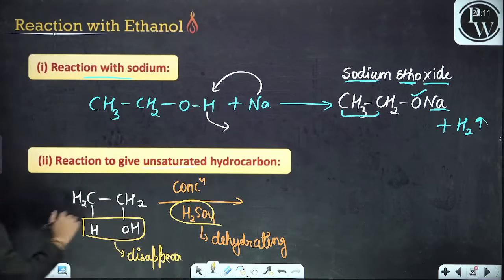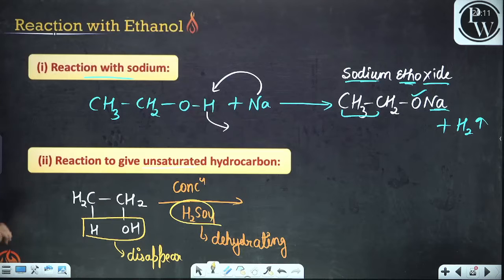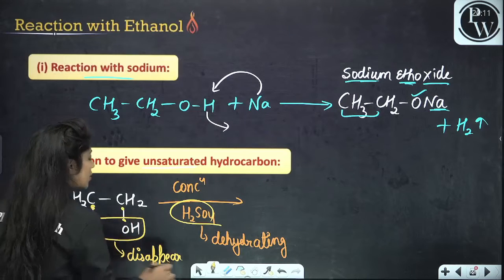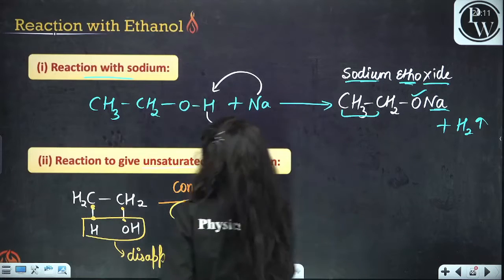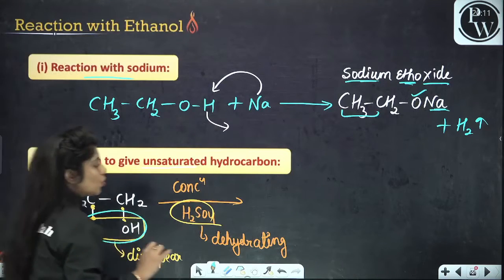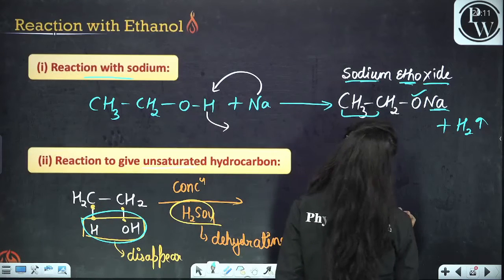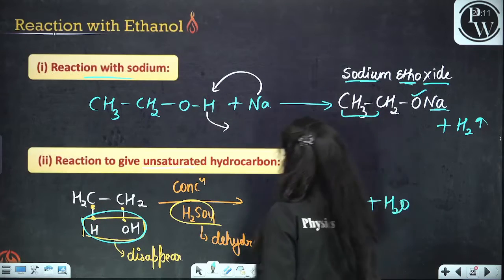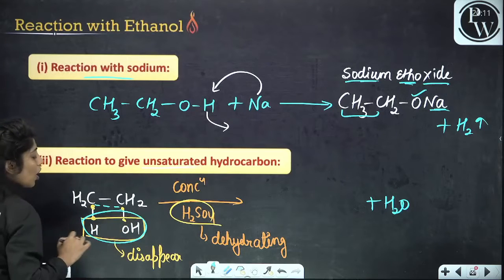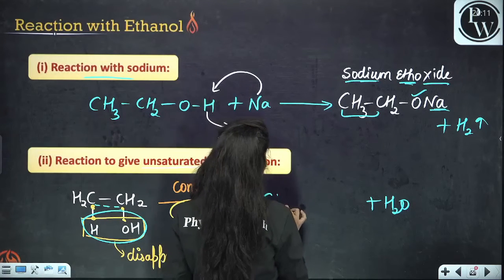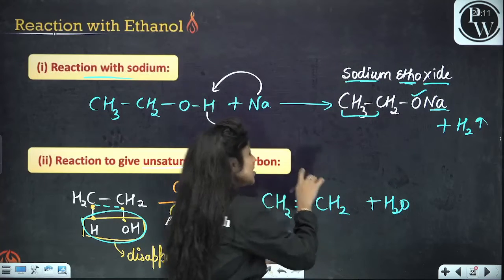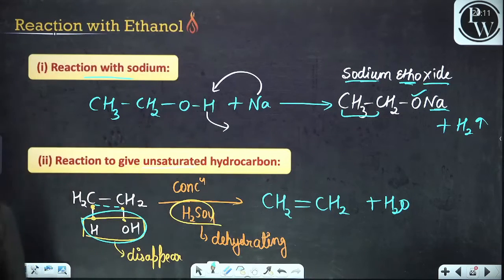If this is disappeared, what about the shared electrons? 1, 2, 3 and 4. So, these electrons are taken by the OH and will be forming H2O. Then, what about these? They will be making a bond and it will turn into CH2 double bond CH2, which is an unsaturated compound.